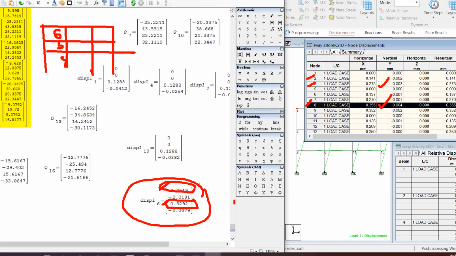Very, very near, no? For a millimeter tolerance of about 0.01.